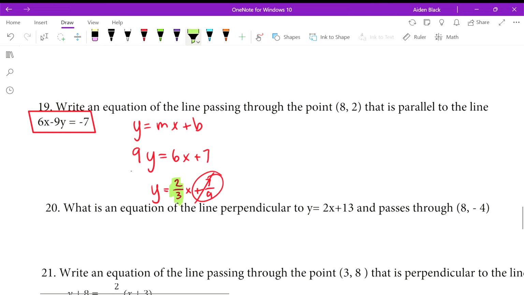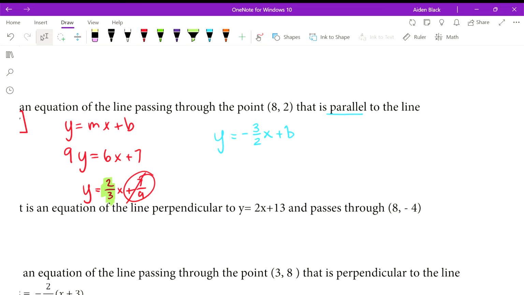2/3. So if the slope of this line is positive 2/3, we need the slope of our line that is perpendicular to be opposite sign, so it's negative, and then the reciprocal. Now I don't know what the y-intercept is, so I'm just going to write b right here.